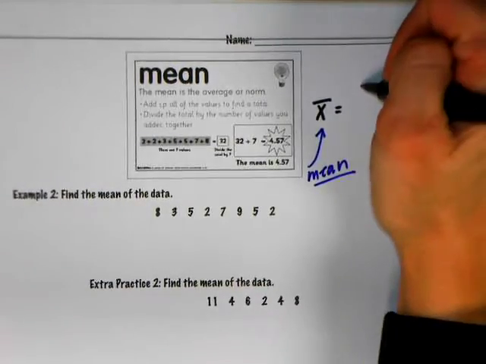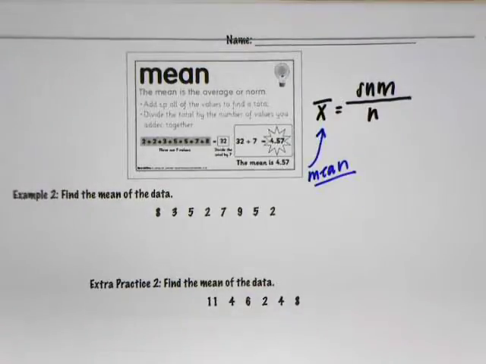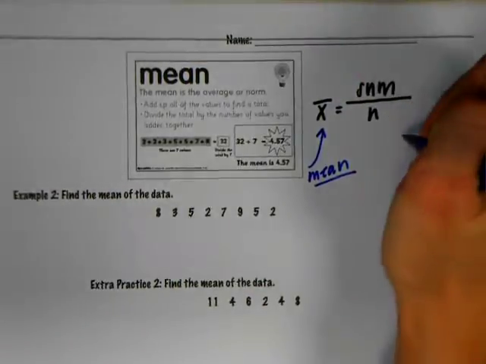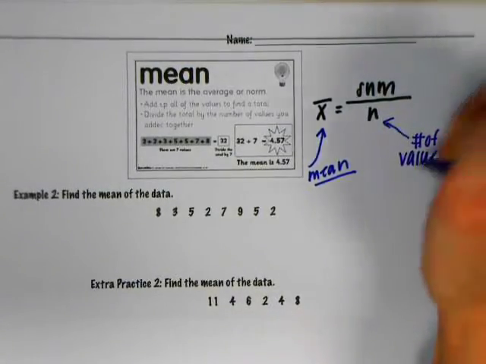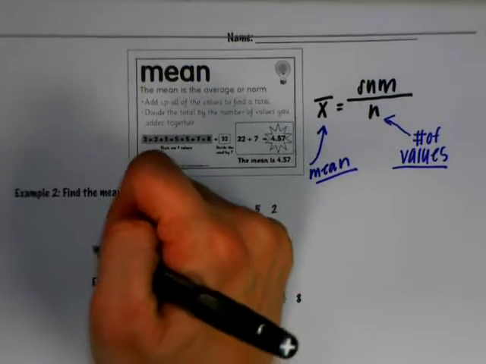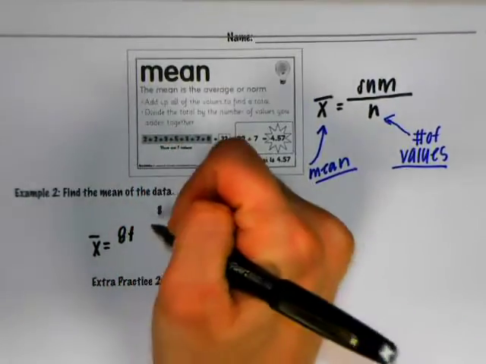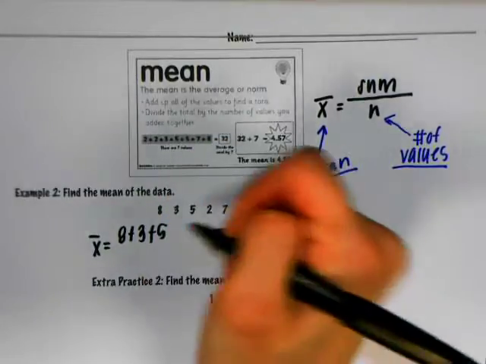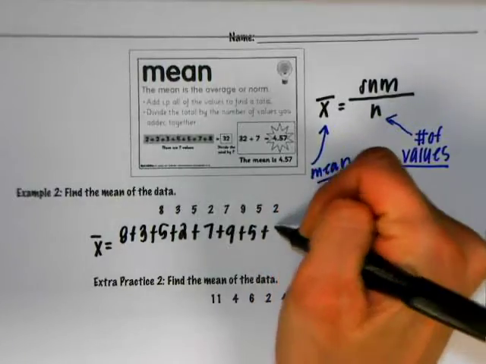And the way you find that is you do the sum, so add up all your values, and divide by n, which is the number of values you have. So for the first one, to find your mean, add up all your values, 8 plus 3 plus 5 plus 2 plus 7 plus 9 plus 5 plus 2.